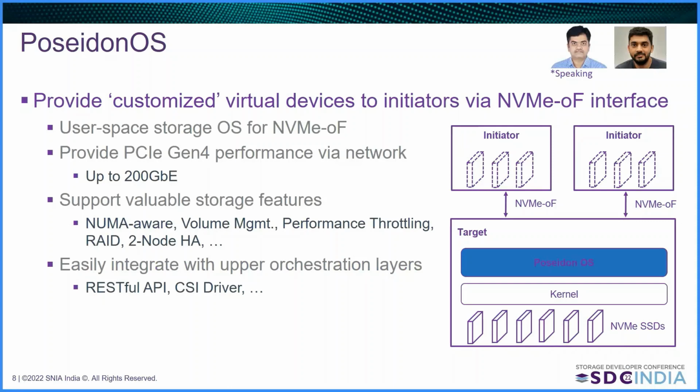Poseidon OS is the software part of Poseidon project. It provides customized virtual devices to initiator via NVMe over Fabric interface. Poseidon OS is a user space storage operating system for NVMe over Fabric. It provides PCIe Gen 4 performance via network up to 200 GbE. It supports valuable storage features such as NUMA awareness, volume management, performance throttling at volume level.